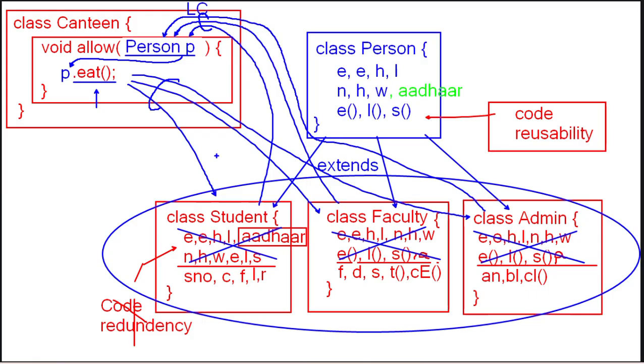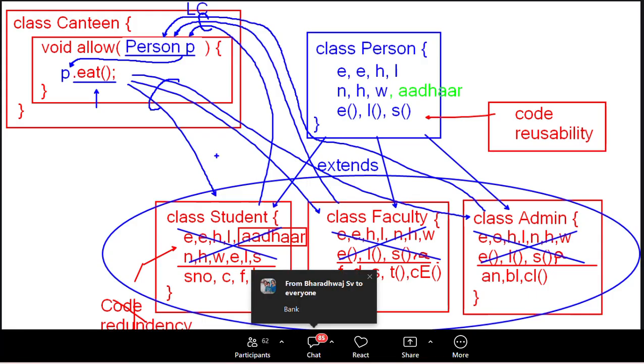Message, bus, how? A person accepts any bus, either ordinary bus, luxury bus, super luxury bus, Volvo bus, any bus can be accepted to use. Okay, any other example?